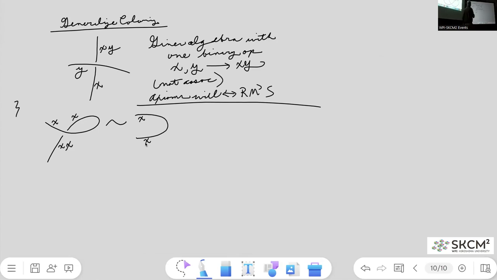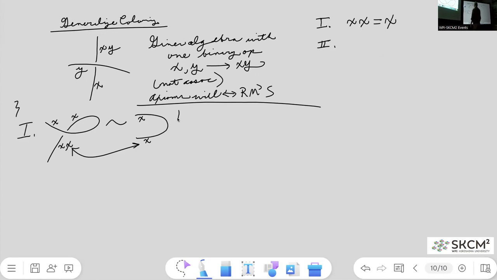So this tells you that we want axiom number 1: x times x will be equal to x. That will correspond to Reidemeister move number 1.